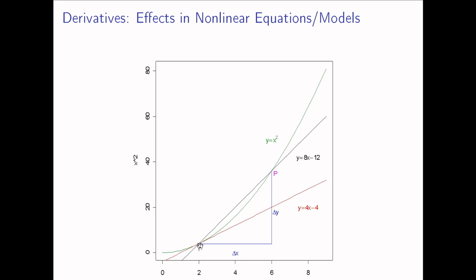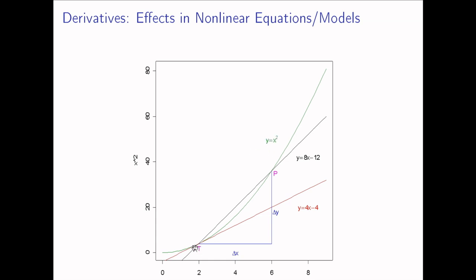Well, that turns out to be equal to 4, because we're going to draw a tangent line that crosses that point but is tangent to the curve of y equal to x squared. The slope of this line, which is 4, represents the effect of x on y for the function y equal to x squared at a certain point.